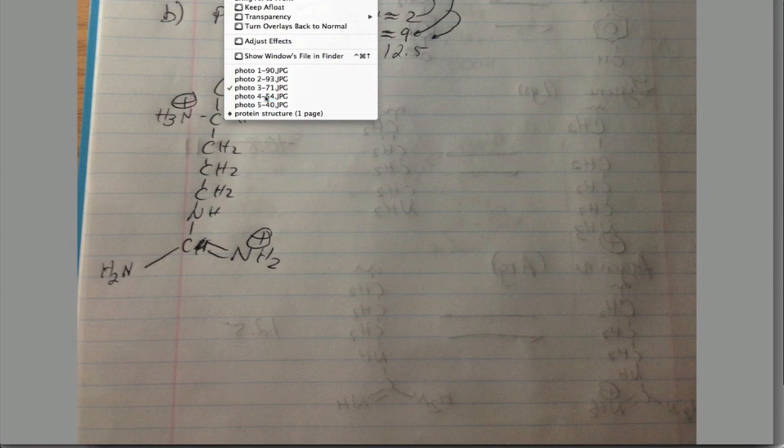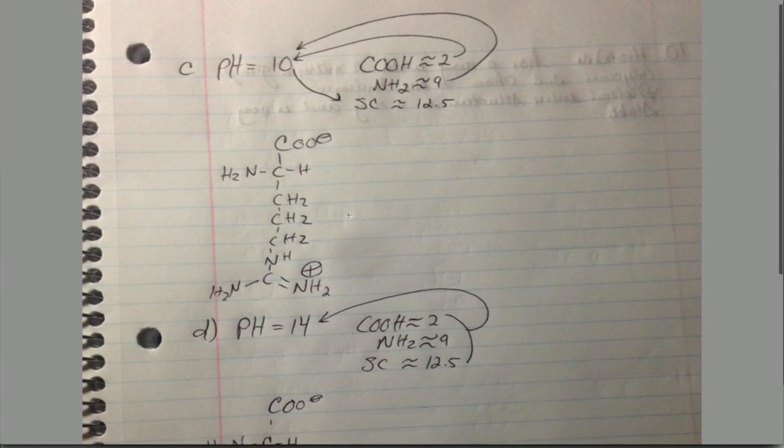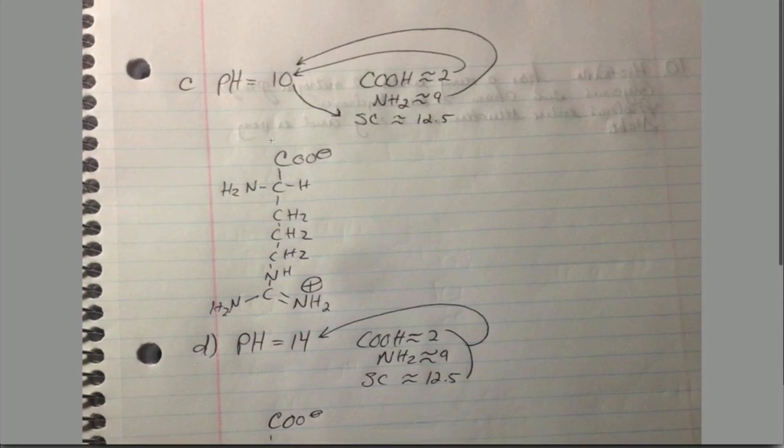Good. How about this picture for pH of 10? pH of 10 is neutral. Good. And how about this picture for pH of 14? -1. Okay. All right, so that's good work for number 9.